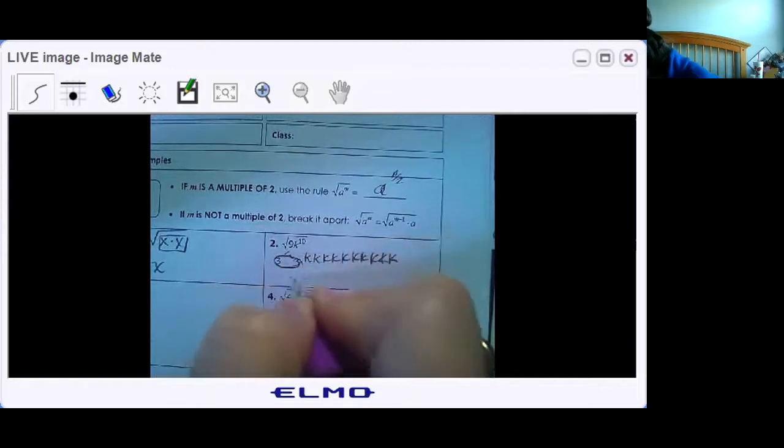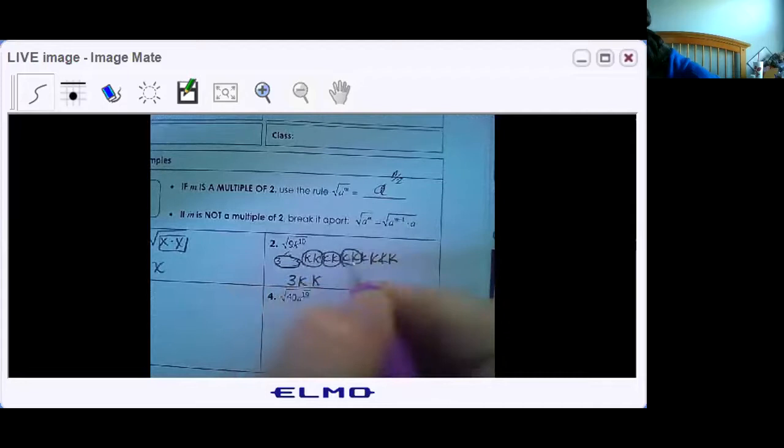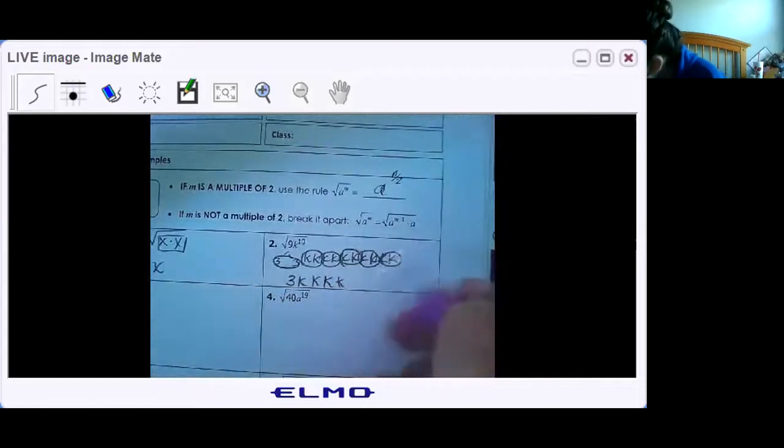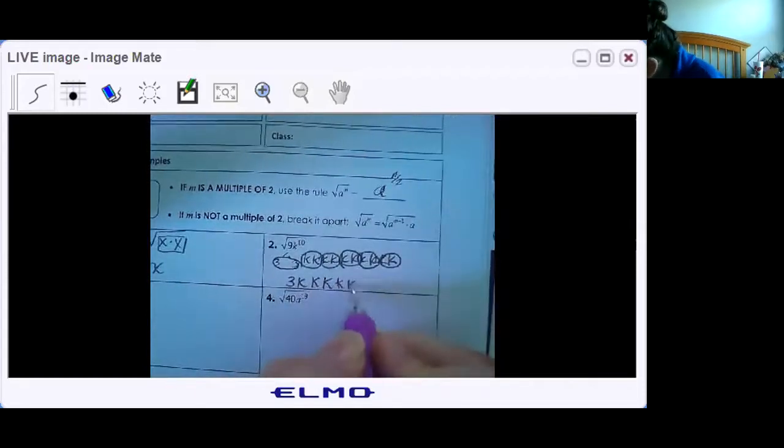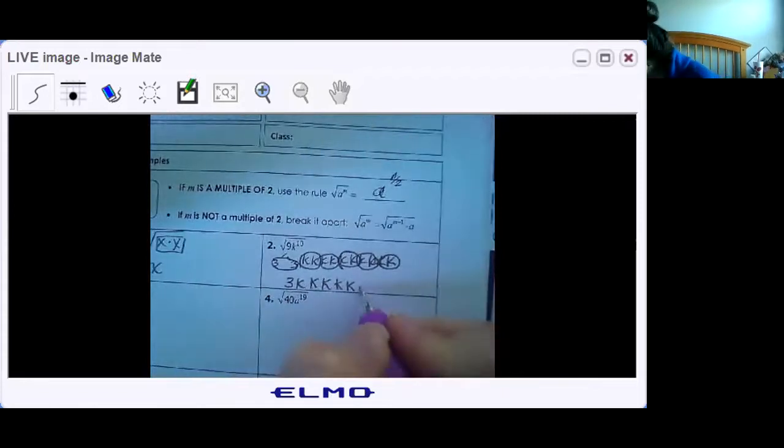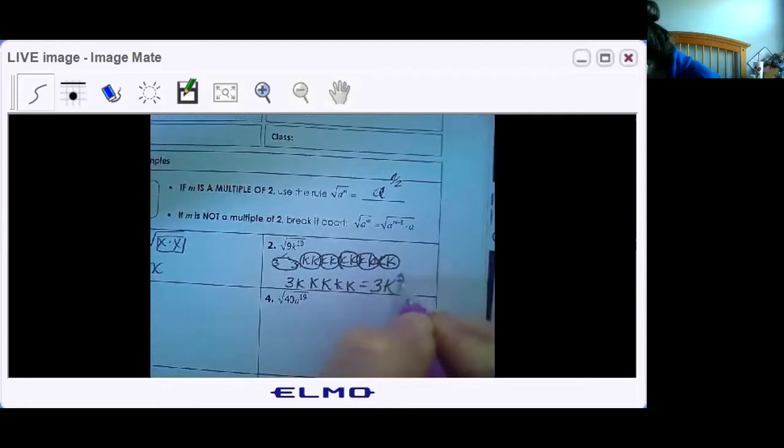There's one group of 2, and another, and another, and another, and another. So now, when I write it in simplest terms, I have 3, and I have 5 K's, so that's K to the 5th.